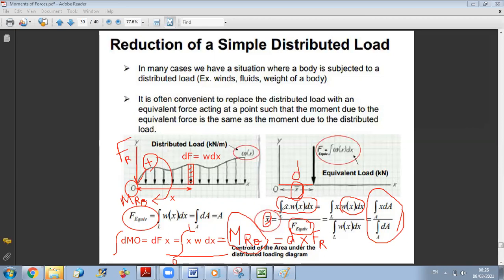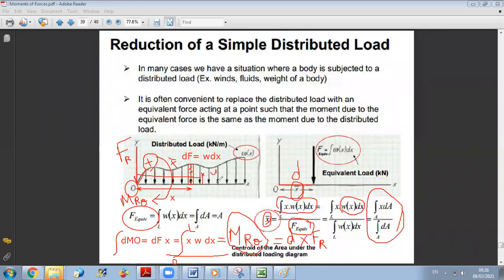I think you should know it, but I will repeat it anyway. If you have any area and you want to find its centroid, then x bar is the coordinate in x of the centroid, and y bar is the coordinate in y.